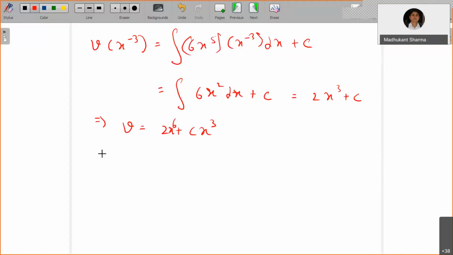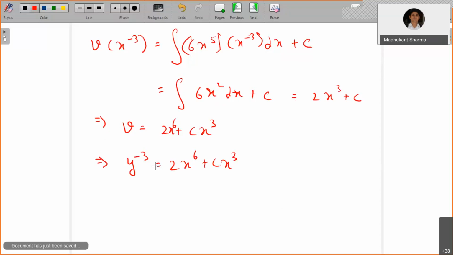Since we have to replace v by y to the power minus 3, y to the power minus 3 equals 2 times x to the power 6 plus c times x cube. If you have given data, that is an initial condition, then you can certainly fix this arbitrary constant as well.